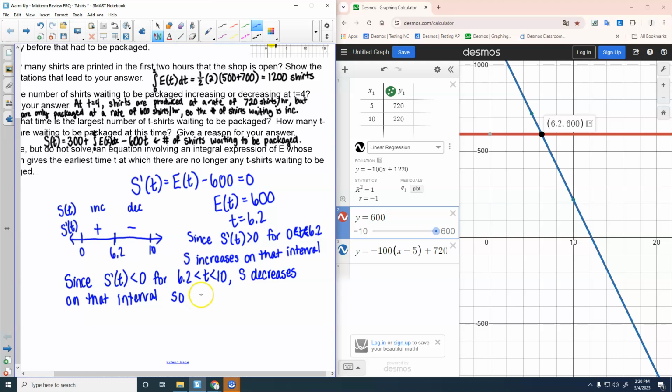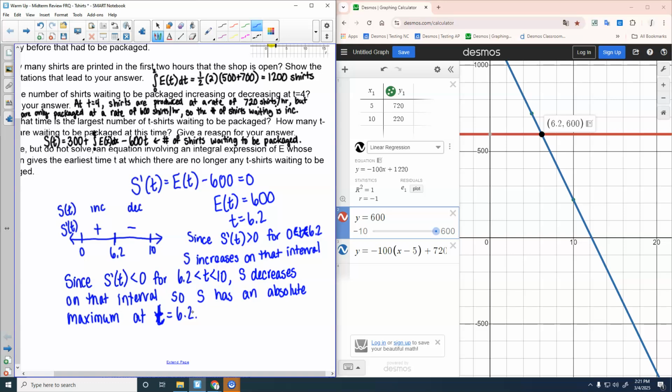So, S has an absolute maximum at t equals 6.2. You do have to tell, because just getting that number doesn't guarantee it, it could be a minimum point possibly, if the graphs look different. So you do have to put this explanation right here.